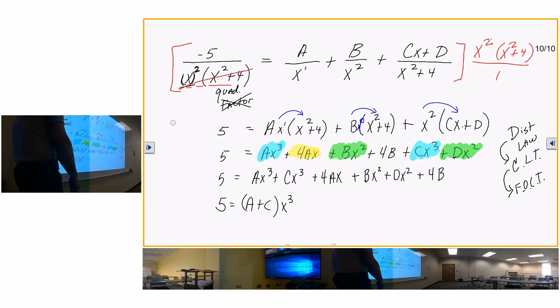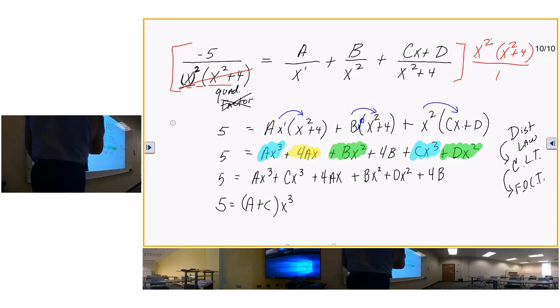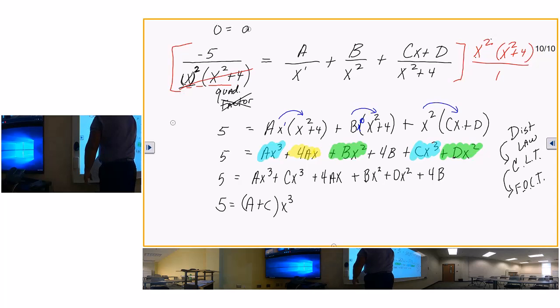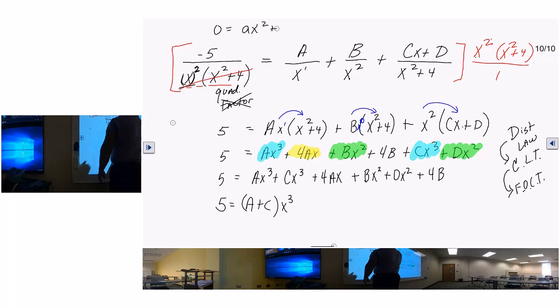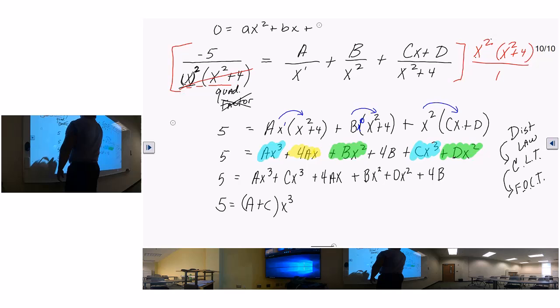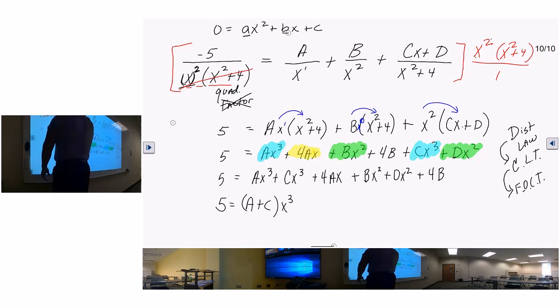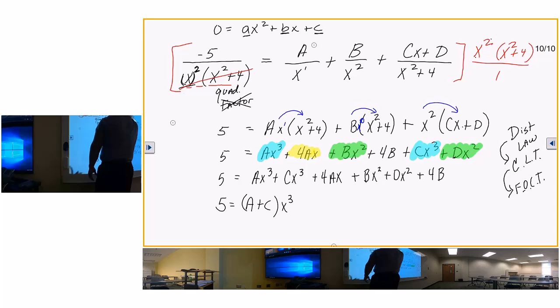The reason is that you remember the quadratic form equation? I'm just going to go up here and write it. 0 is equal to ax squared plus bx plus c. You remember that? That's a coefficient, that's a coefficient, and that's a coefficient. That's x to the 0, and that's x to the 1.